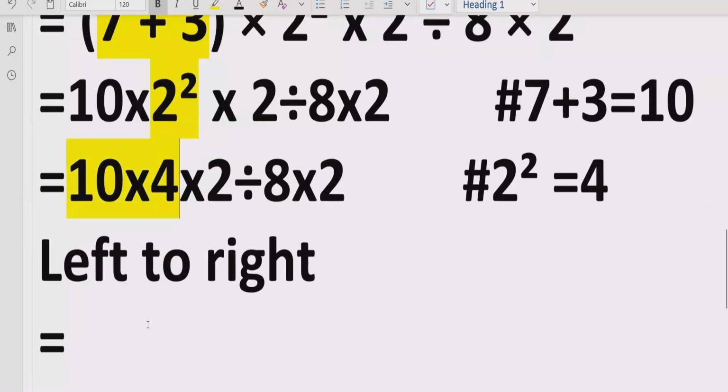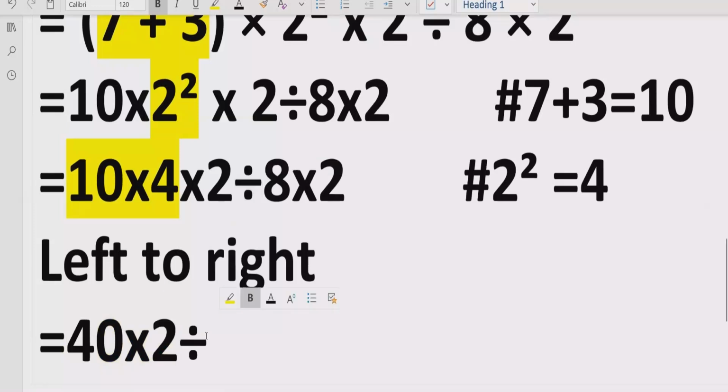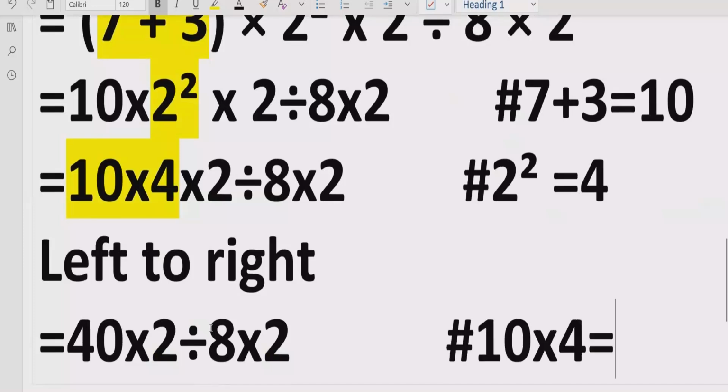Either way, we have the same solution: go left to right and find division and multiplication. This time 10 multiplied by 4 is 40, multiplied by 2 and divided by 8 multiplied by 2. We write the rest as it is, and here we give the reference: 10 multiplied by 4 equals 40.